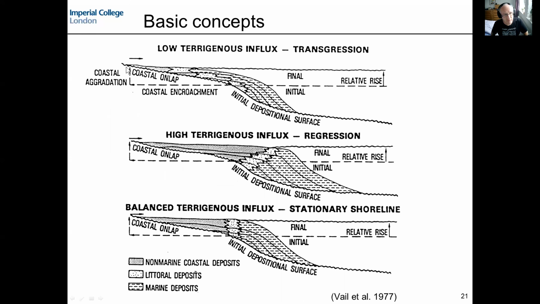And in each of these three diagrams, we start off with an idealized profile. So this could be the shelf or the coastal plain. Then basically we have a slope. This could be a continental slope and then a deep basin. So the idea is this geometry mimics what we might expect to see at a passive continental margin.